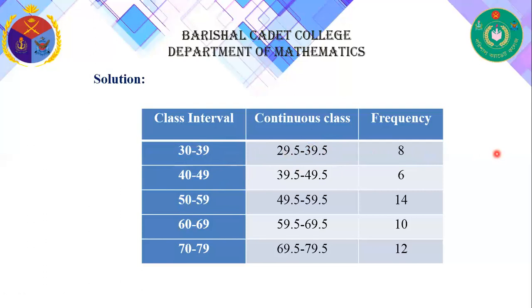Now we draw a histogram using continuous class interval as the horizontal axis or x-axis of the Cartesian coordinate system and frequency as the vertical axis or y-axis.